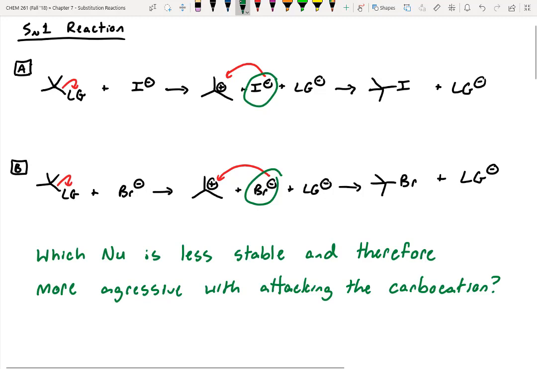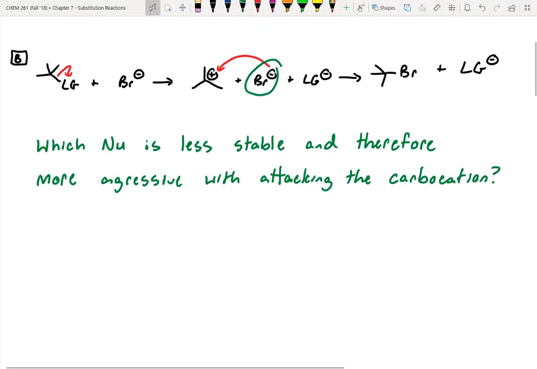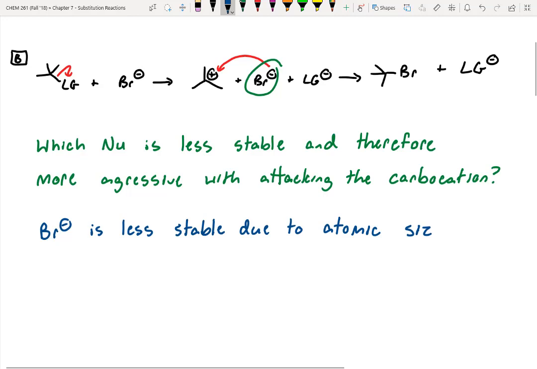So you think bromide is less stable? Why? It's a smaller atomic size. Yeah, so bromine is less stable. So Br minus is less stable due to atomic size, and is therefore a better nucleophile.